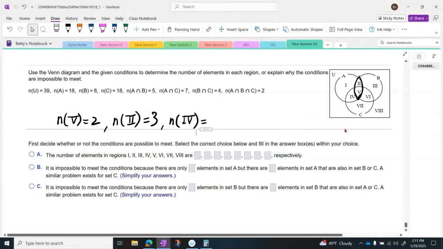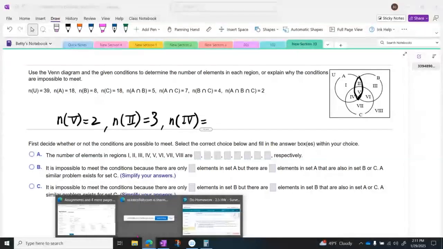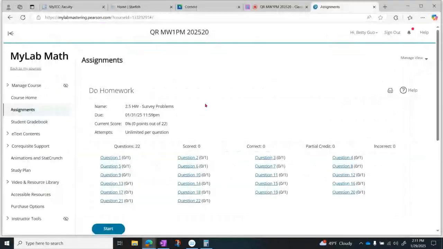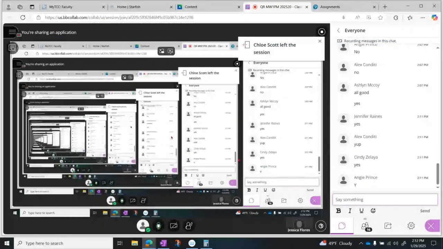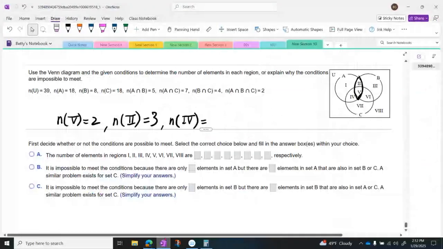Do you agree, everybody? If not, let me know. Region 2 and region 5 together have 5 elements. That is given because that's the intersection of A and B, right? Yep, very good.